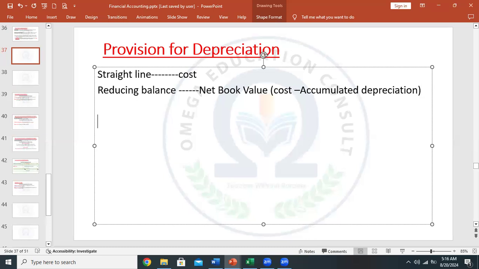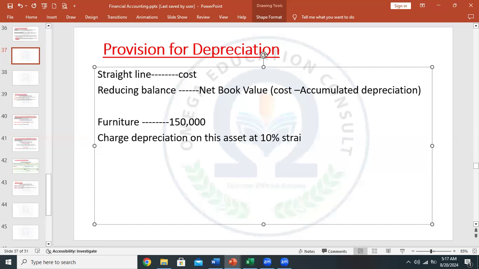Imagine we are given, let's say, furniture which has a cost of say 150,000, and then we are told to charge depreciation on this asset at 10% straight line method.